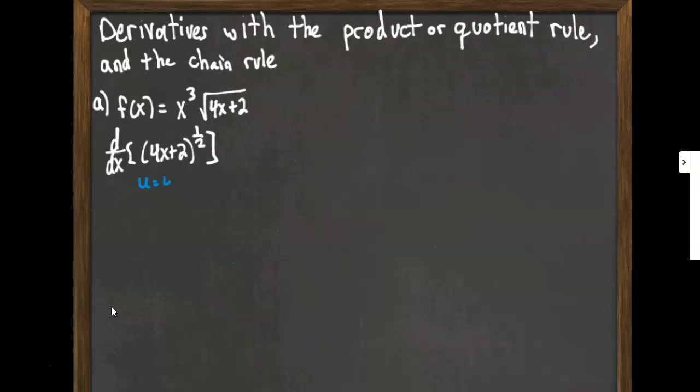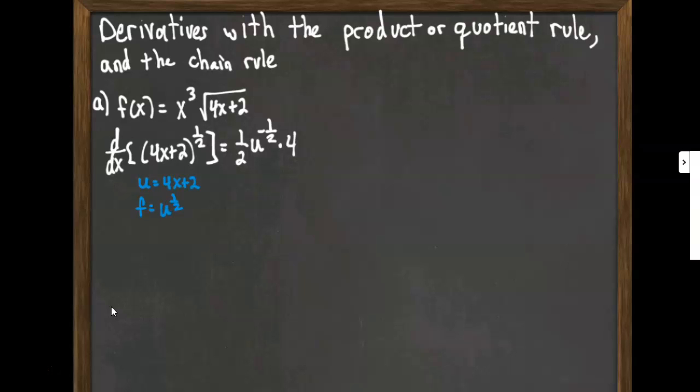So we recognize the inside part as 4x plus 2. The outside part would be u to the 1/2. And then we go ahead and use our chain rule. So it'll be the derivative of the outer function, which would be 1/2 u to the minus 1/2, then times the derivative of the inside function.